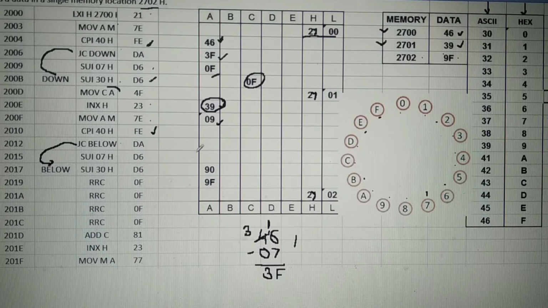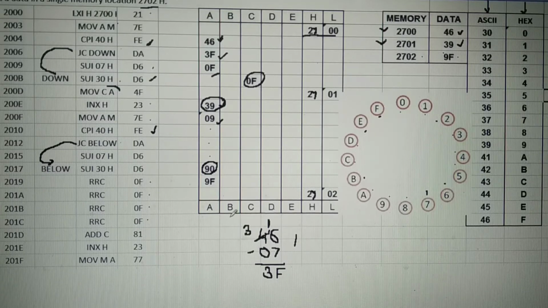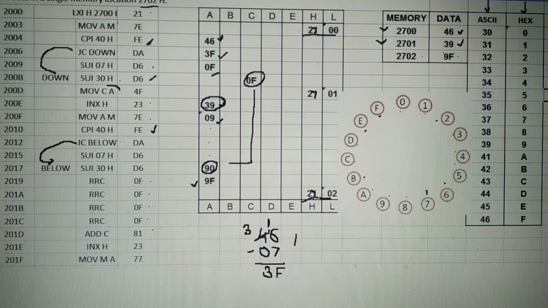When you rotate this 9 four times, the digit positions get exchanged and it becomes 90. RRC 4 times, or RLC 4 times. Then you have to add the number from register C to it, that is ADD C. You will get 9F. Go to the next location with the help of INX H, and the content of accumulator A is stored at that memory location.